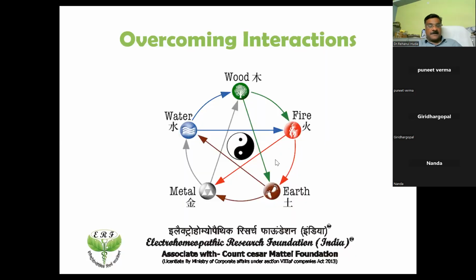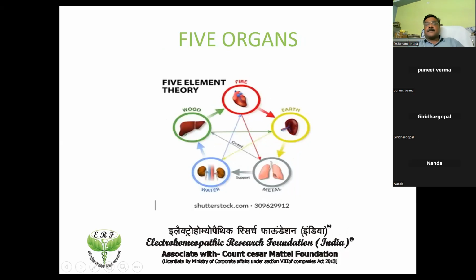These five elements are governed by our body's five pairs of organs. The wood element is governed by the liver and gallbladder, and the fire element is governed by the heart and small intestine, and the earth element is governed by the spleen and stomach, and the metal element is governed by the lungs and large intestine, and the water element is governed by the kidney and urinary bladder.